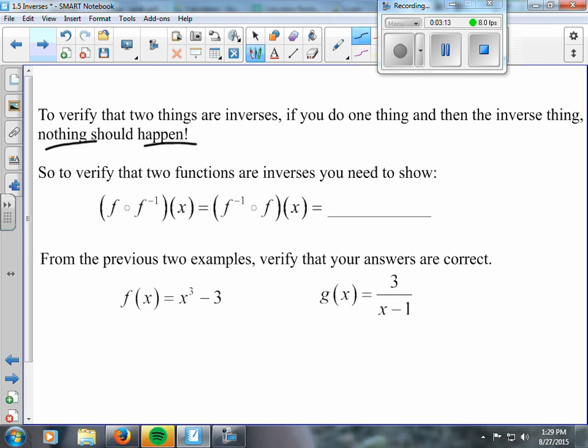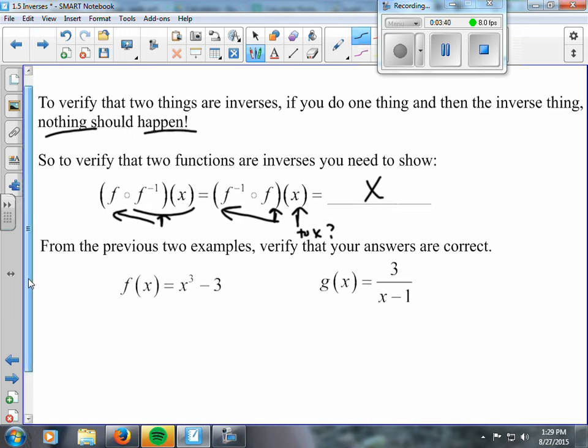And so if you compose these 2 functions, so do the inverse and then do the original, or do the original and then do the inverse, what happens to x? Nothing. You get out x. Your input and your output are the same. Nothing changed in the input. It didn't randomly, magically convert to 1. It just stayed the same value, so it is x.